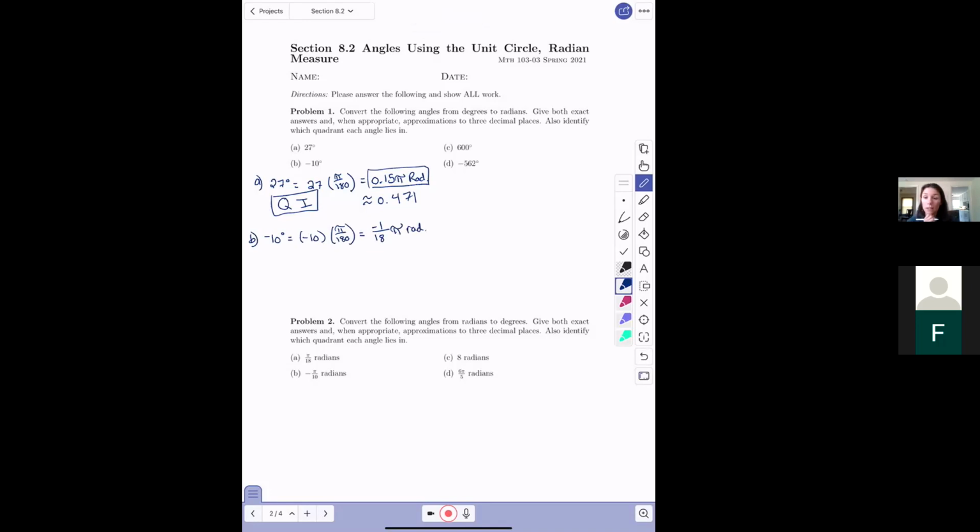Okay, negative 10 degrees means that we have an angle and it's opening down this way, and it's only going 10 degrees, so we are in quadrant 4. And then you could plug this into your calculator and someone let me know what it's about equal to.